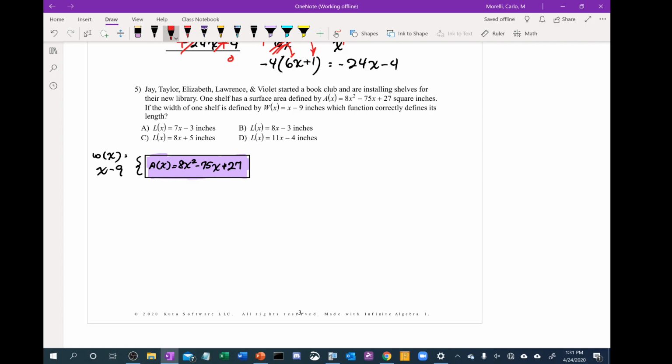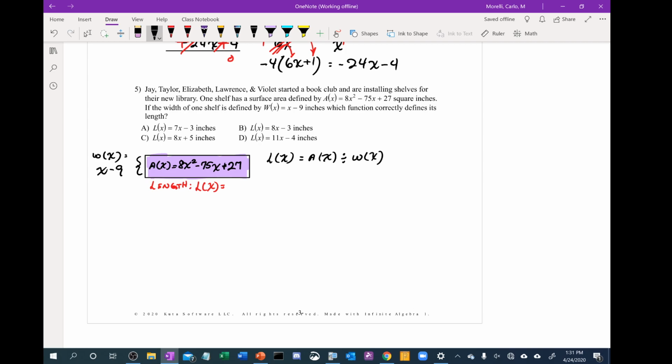What we're actually trying to find here is the length. So the length is given by the length function L of x, but we don't know what it is. So we'll use the length formula L of x for length equals A of x for area divided by w of x for width.